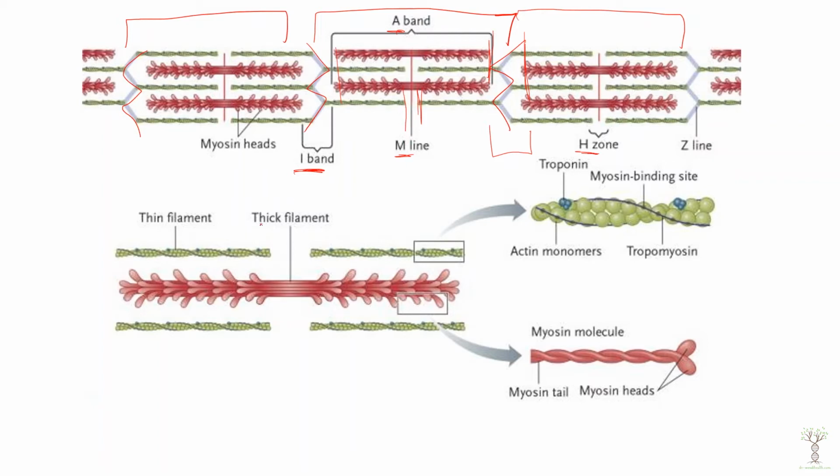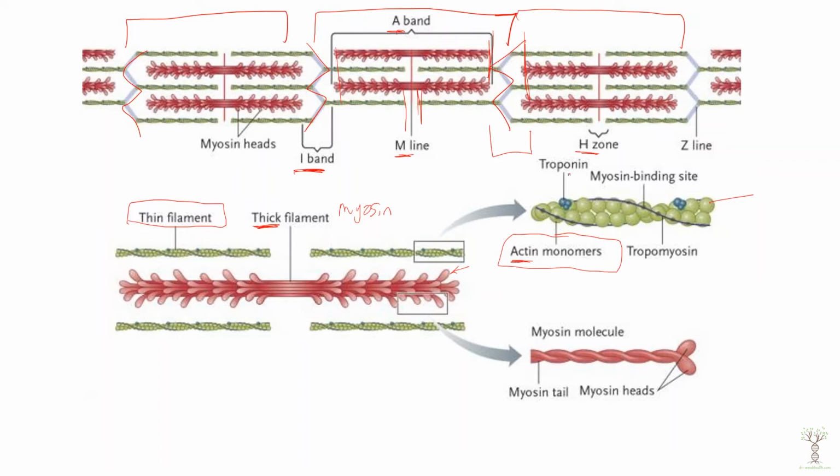If we look at the components of the thick and thin filaments, the thick filament is only myosin, and the thin filament is 3 proteins. So the main contractile protein is actin, and that looks like a sort of beaded necklace that's twisted. So all these spheres are the actin monomers, and this is what the myosin heads are going to bind to.